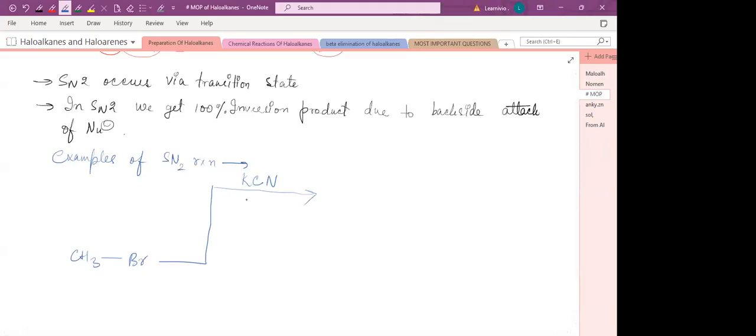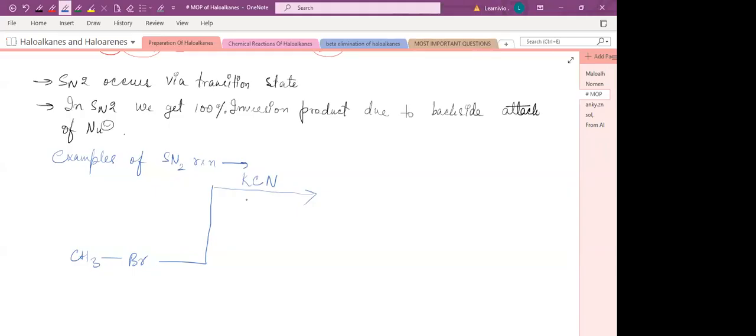You know what an ambidentate nucleophile is, Muniba? Just define it. They have more than two nucleophilic centers.